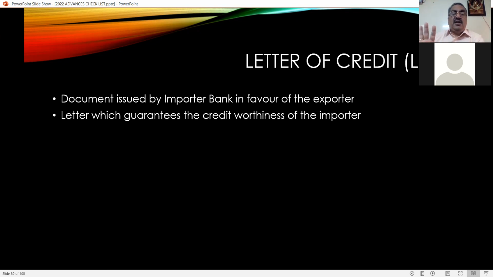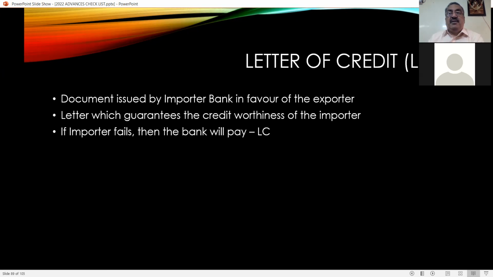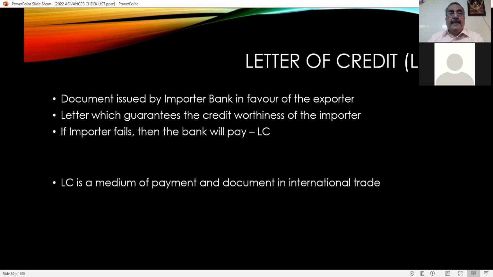Because of you, the bank says you have this much creditworthiness, and we guarantee it. To that extent, you can supply the goods. If the importer fails to pay, then the bank will make the payment. This is the concept of LC.